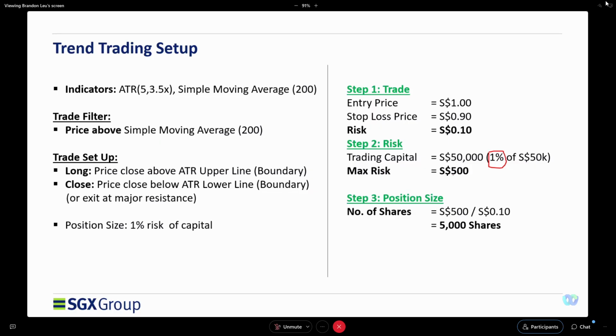And we use this risk of $500 divided by the price at risk, 10 cents. This is how many shares you should buy for that particular stock. So once it trades below, the loss is $500. And of course, there would be some brokerage fees. This is how we manage our risk.